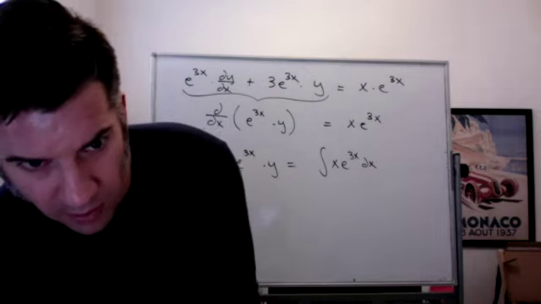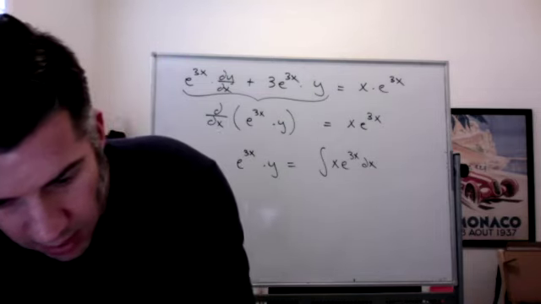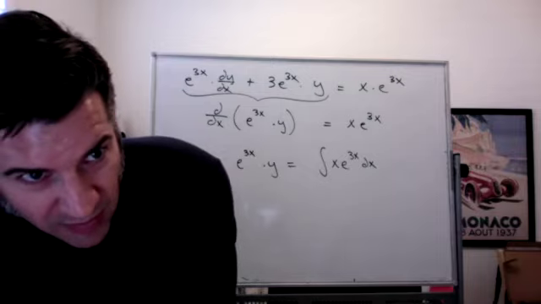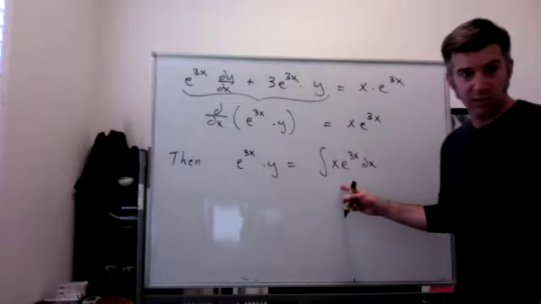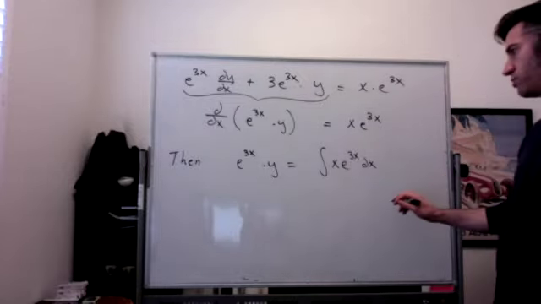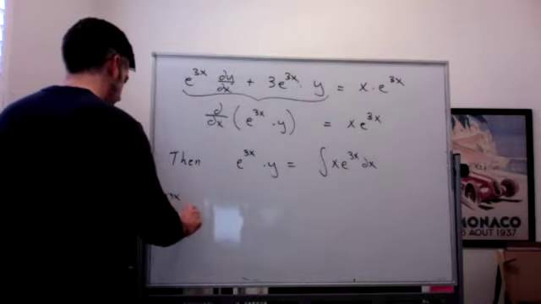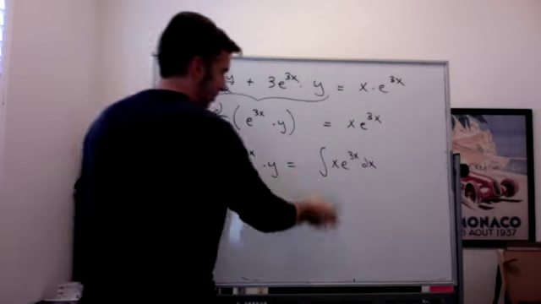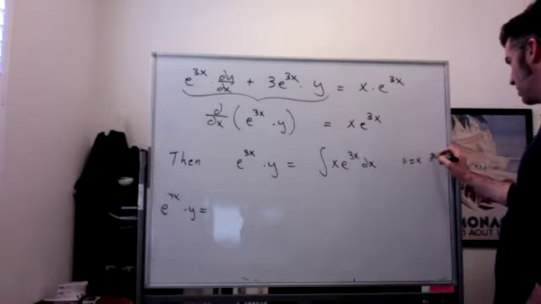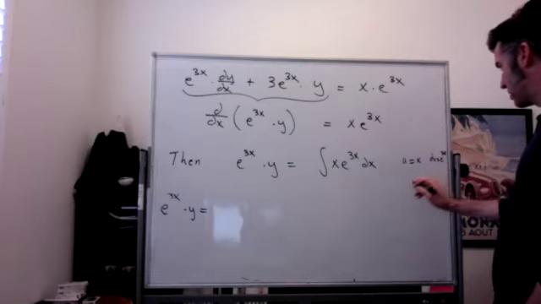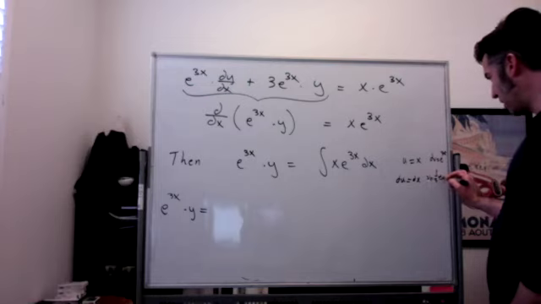Also, before I forget, one thing I do want to say is that now we have to integrate the right-hand side. It's an integration by parts, so we can do it real quick. We've got e to the 3x times y is equal to, so integration by parts here: u is x, dv is e to the 3x dx, du is dx, v is 1/3 e to the 3x.